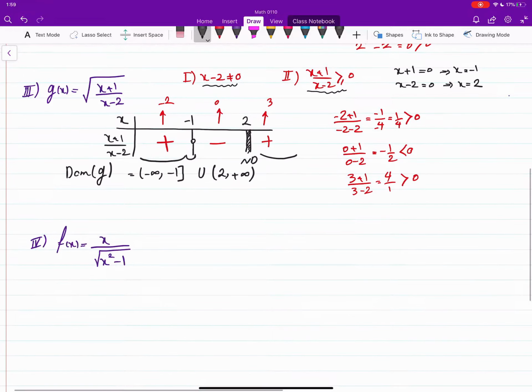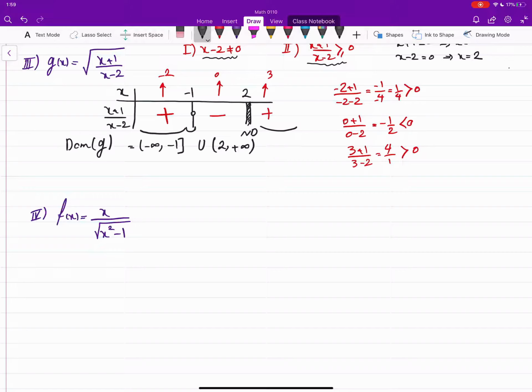And for the last example, we have this thing. So we see that the whole thing cannot be 0. That's the first thing. The denominator cannot be 0. But the square root of something is non-zero if and only if that thing is non-zero itself.